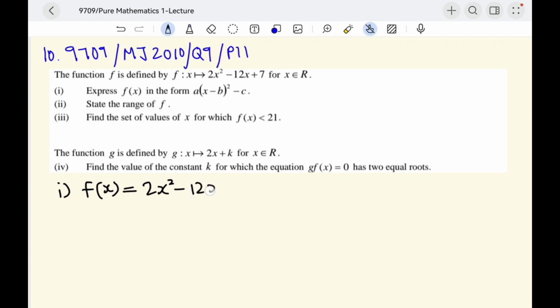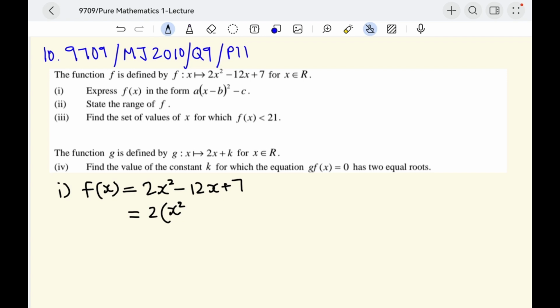So I may not repeat how to perform the completing the square. It is literally: let the coefficient of x squared become 1, add minus b over 2 in brackets squared, and then simplify. That's all.